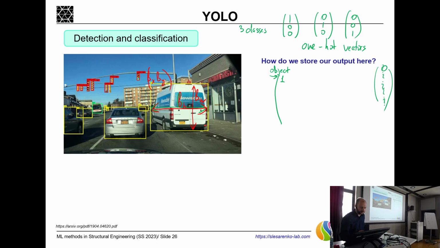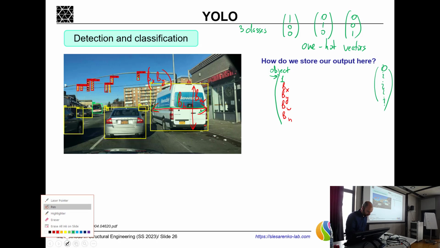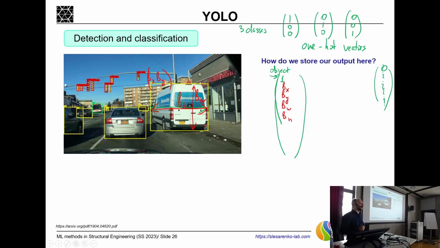So you have 1, bx, by, then you store the height, then the width. And considering that we have 3 classes, what do we store as well? Our one-hot vector. You just plug this one-hot vector here, and that's what you store in this case.